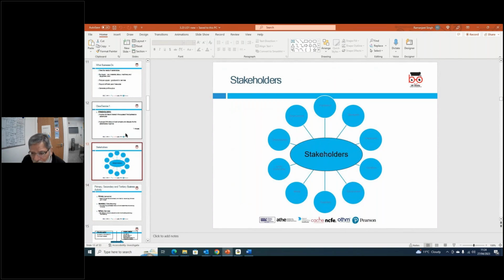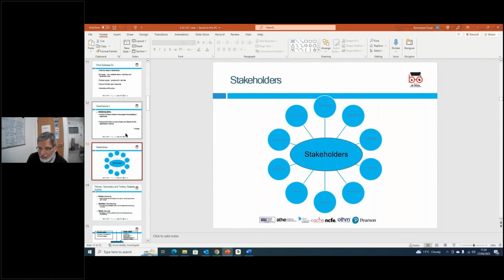So if you're talking about stakeholders, employees are stakeholders. If you're working in an organization, you are a stakeholder in the running of the organization, saying how the company should be run and how the employees should benefit from the service of the organization.